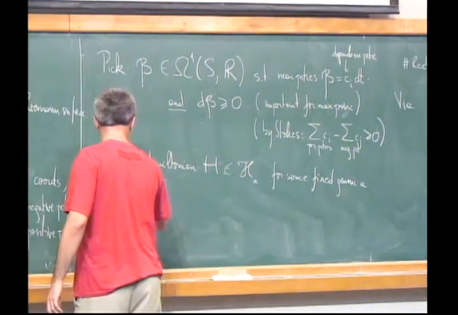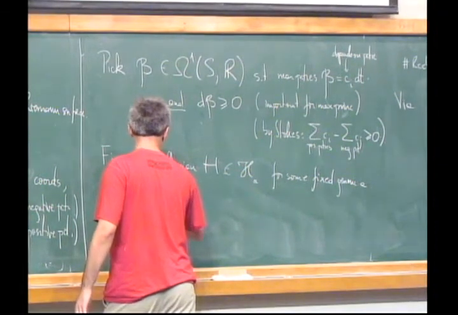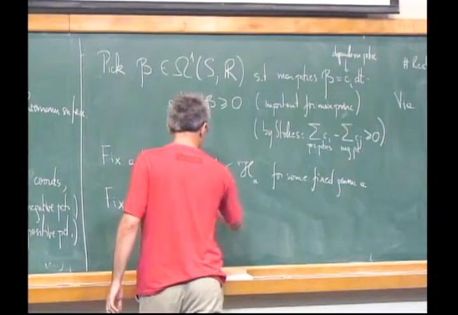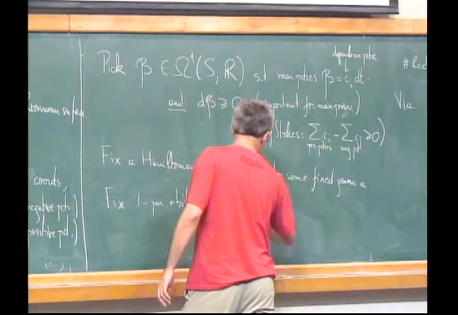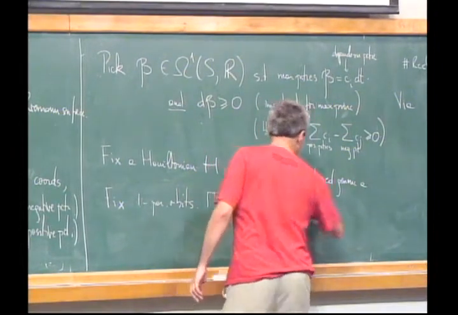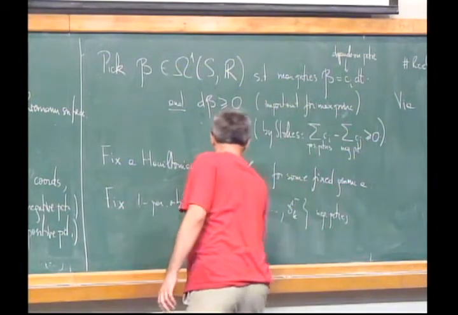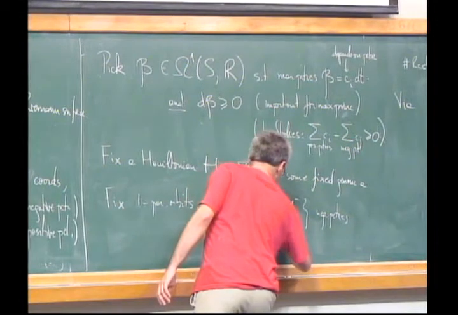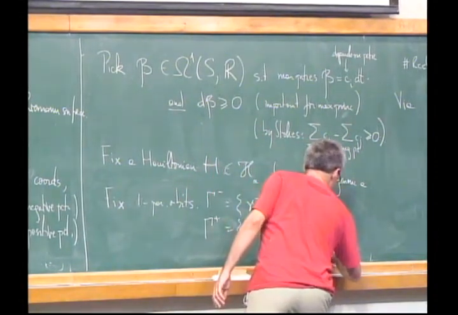Right, so fix asymptotes, one-periodic orbits. So gamma minus is going to be a set of periodic orbits, gamma 1 minus up to gamma k minus, for the negative punctures, and gamma plus is going to be gamma 1 plus up to gamma l plus, and that's going to be for the positive punctures.